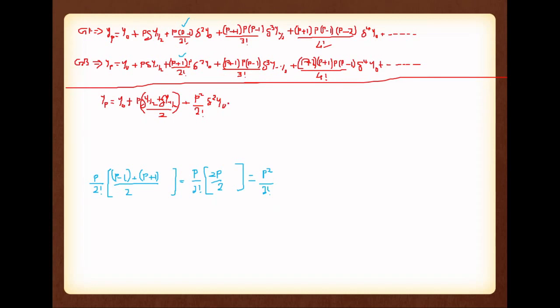Now take the next term, the theta cube term. Here you can see the p term is the same. The only difference is these two. If you are taking the average, take the common term outside. So we have (p plus 1) into p into (p minus 1) divided by 3 factorial.